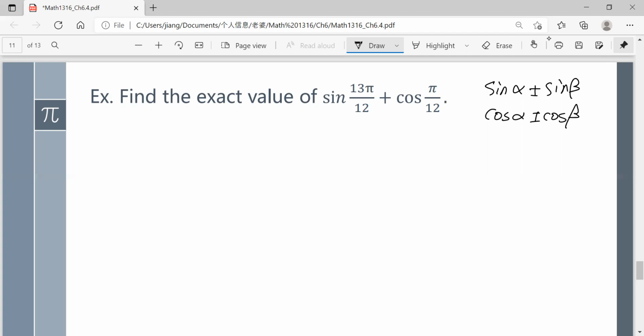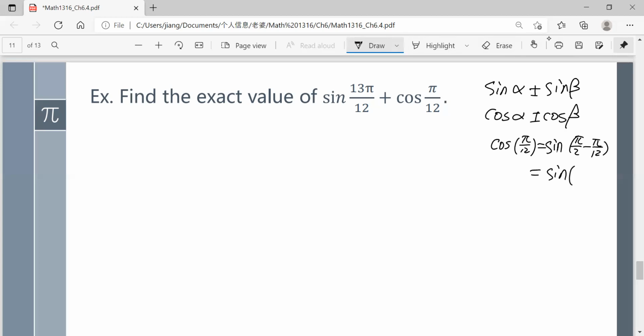So how do we convert this term to sine? We use the cofunction identity. That means cosine pi over 12 equals sine of pi over 2 minus pi over 12.